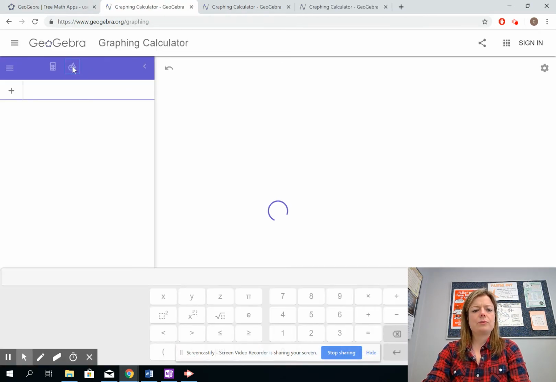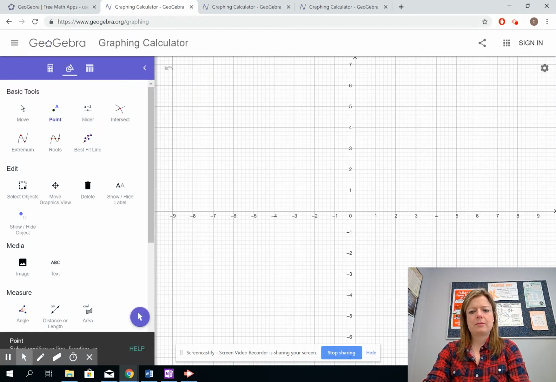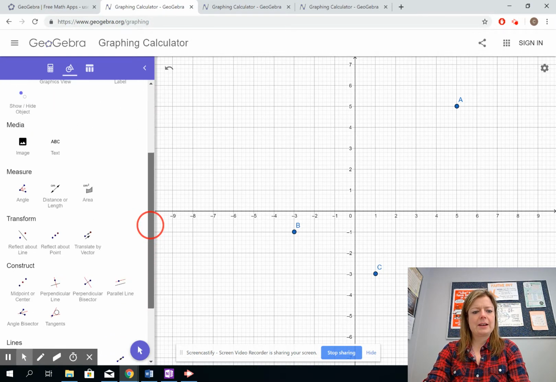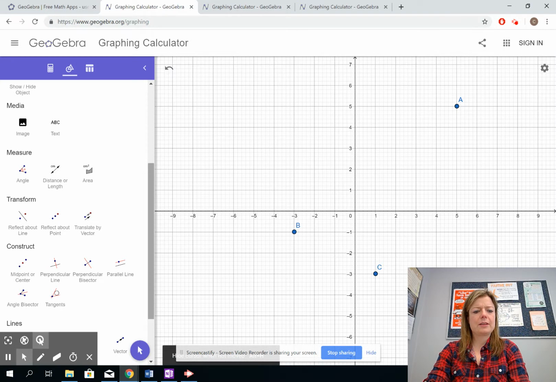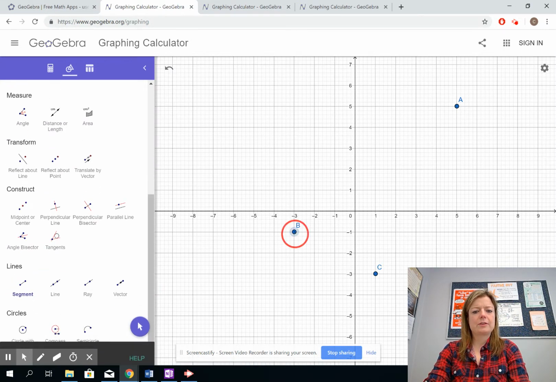Okay, the other way of doing this, start from scratch here. Go to the geometry tool. Again, quickly do your points. So A, B, C. And now instead of a line, I just want to do a line segment. So I'm just creating the triangle here.